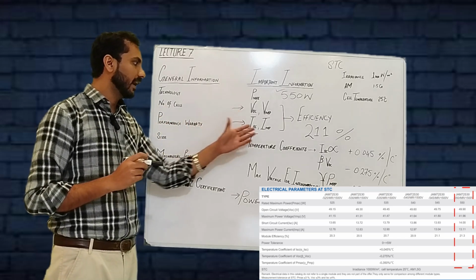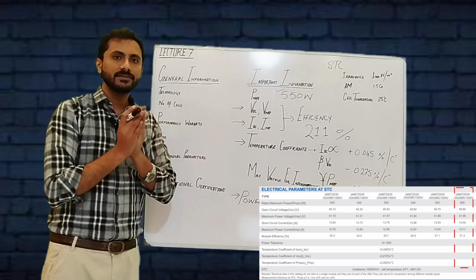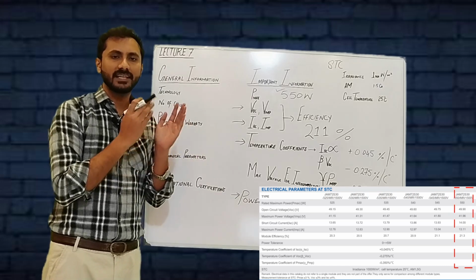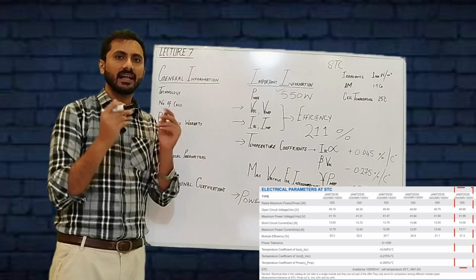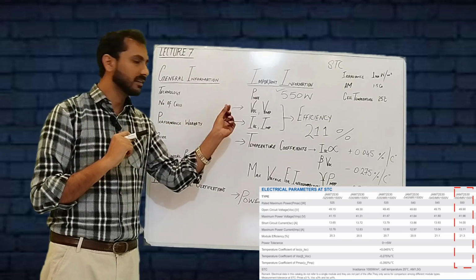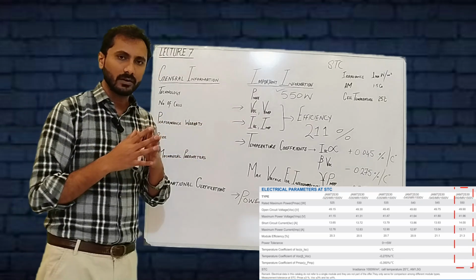VOC, VMP, ISC, and IMP are the parameters of voltage and current. VOC generally denotes the open circuit voltage, and VMP is the voltage when the strings are formed and connected with the inverter, loads are applied on the inverter and the system is running. Then the voltage produced by the solar panel is the VMP, maximum power voltage.